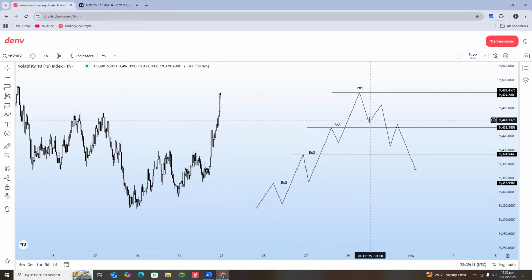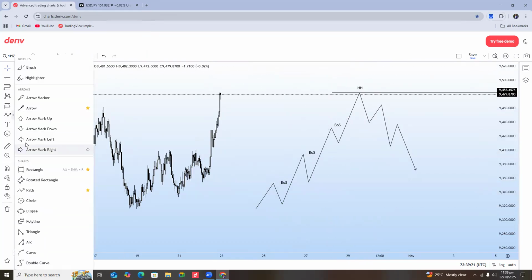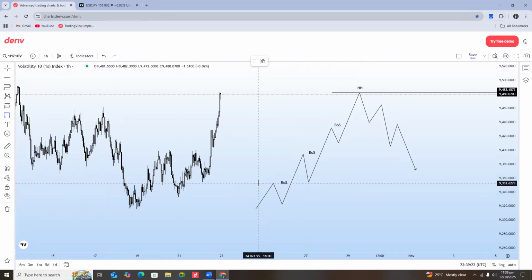Now, when this forms here, pardon me, let me take these lines off and make them small so I don't confuse you. I'm going to do something. Okay, so let me put this here. Let me put this here.